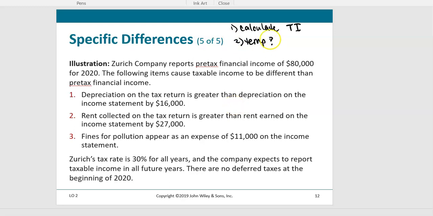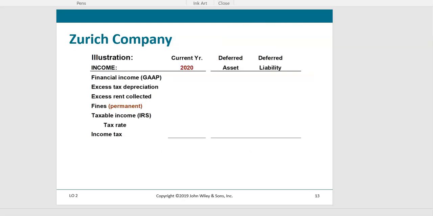Is that item temporary? If so, it's going to reverse in the future. And if it's temporary, we're going to need to establish a deferred tax asset or a deferred tax liability. And then finally, what we want to do is record the journal entry for income tax expense and income taxes payable. Let's get started on the next slide. Start with our book income or our GAAP income, which we're given as $80,000.